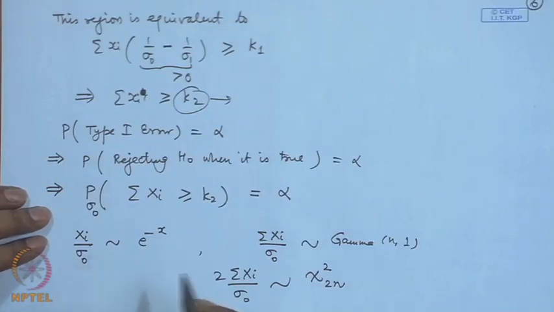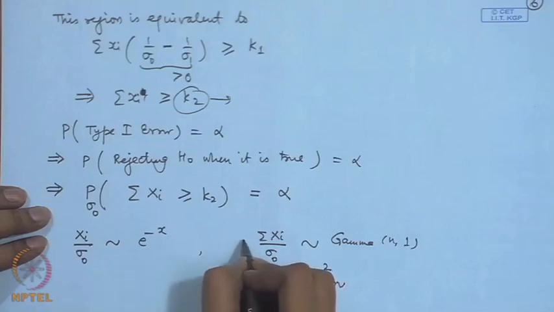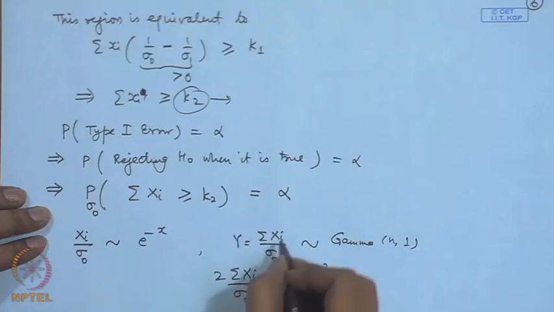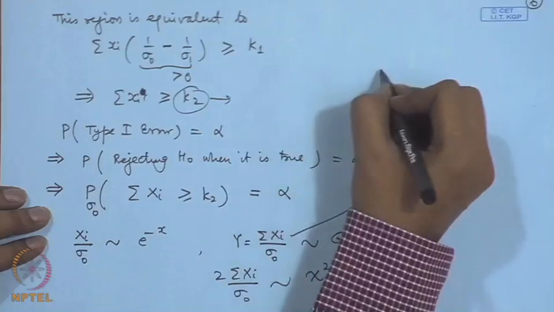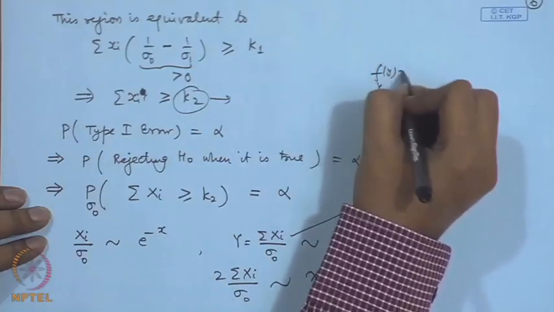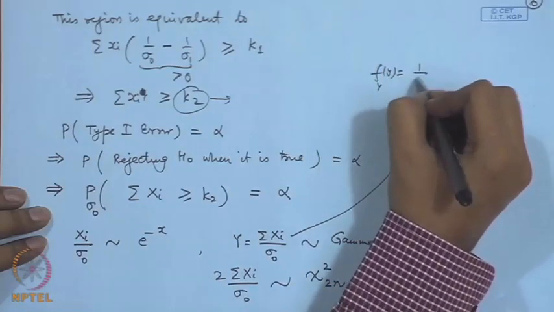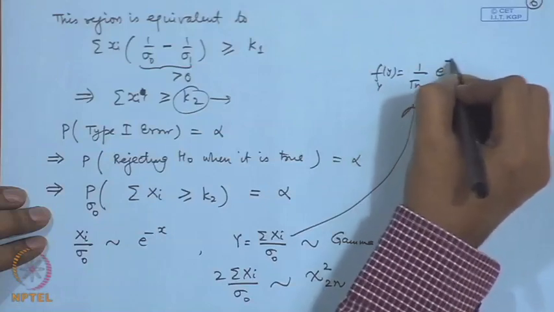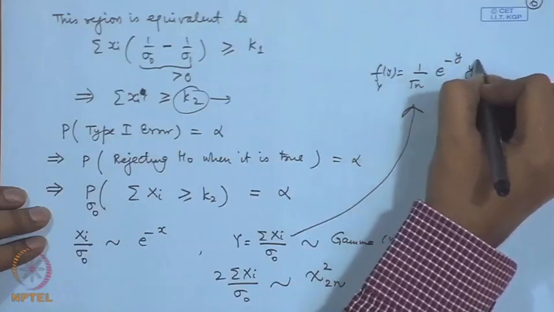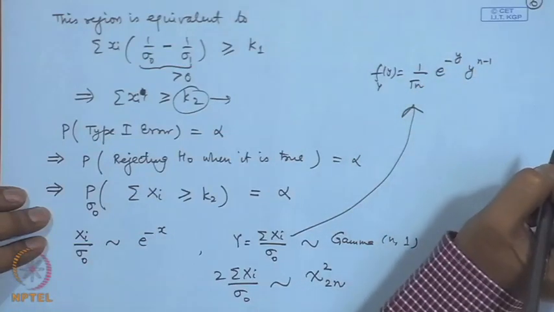See, we can write down the density here. Suppose I am considering this as say y. So, what is the distribution of y? f(y) is equal to 1 by gamma(n) e to the power minus y, y to the power n minus 1.